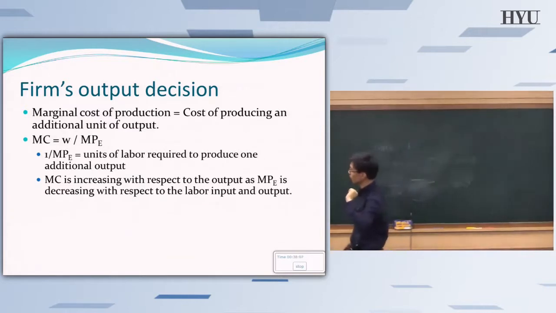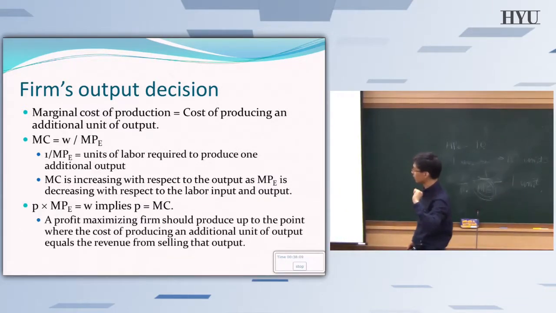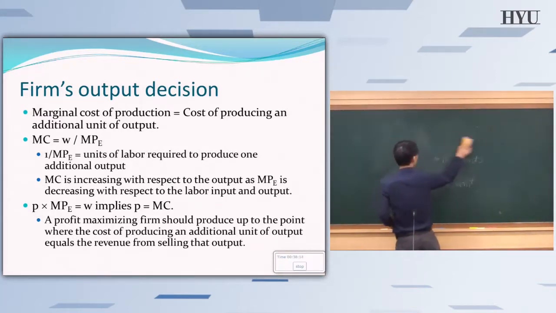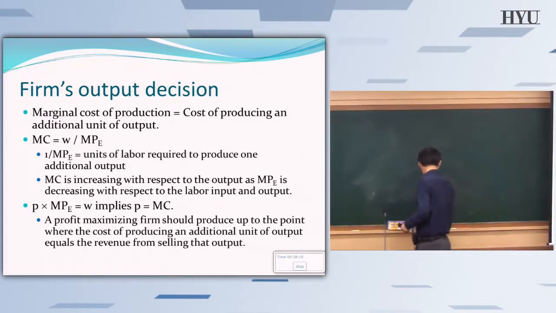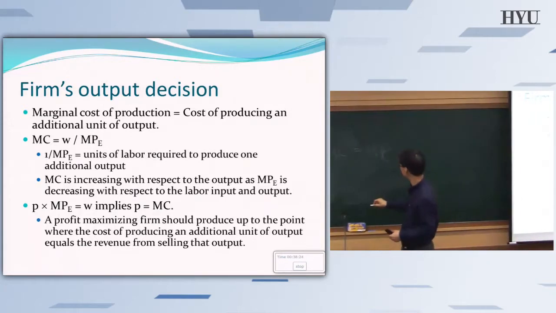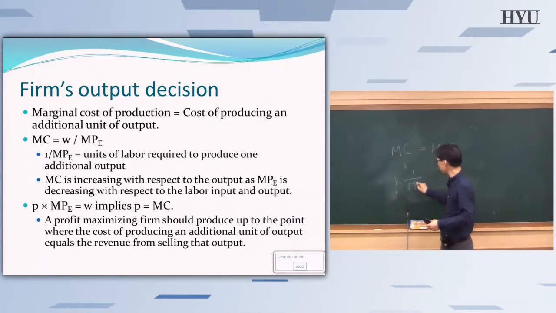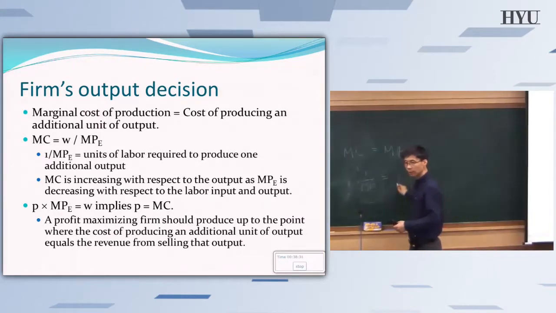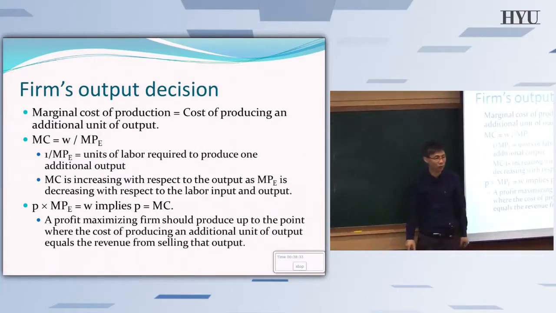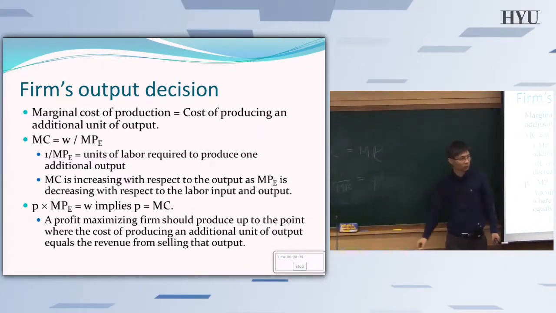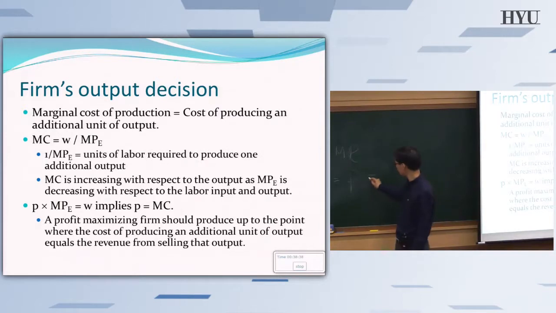So the optimal output is where marginal cost equals marginal revenue. If it's a perfectly competitive market, then W times 1 over MPL equals P, because marginal revenue is the price. This is how you make the Q star decision.